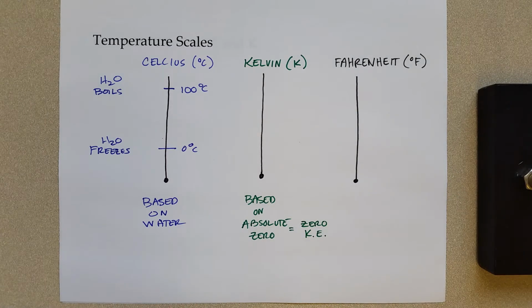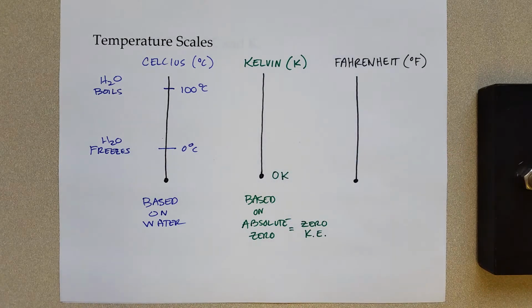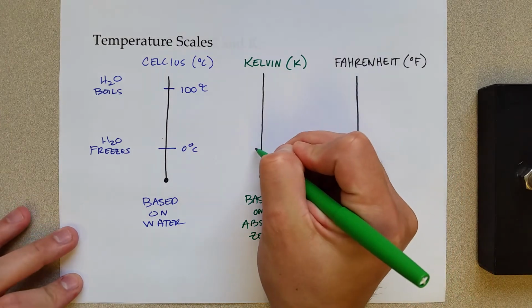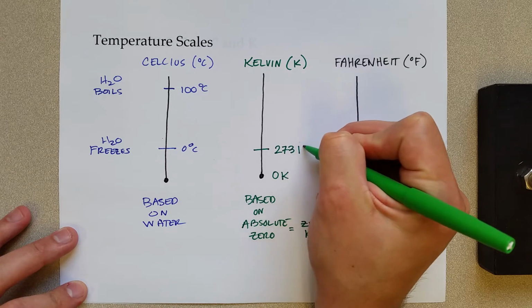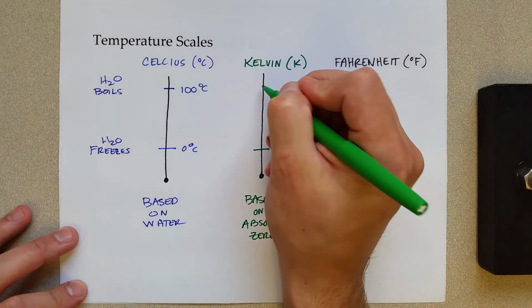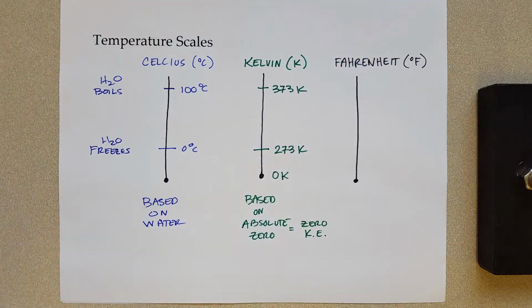You can't have negative kinetic energy, and so that is pretty much what Kelvin is based off of. Absolute 0, or 0 Kelvin, is the temperature at which there's no kinetic energy in the substance. It turns out that water freezes at 273 Kelvin and boils at 373 Kelvin.